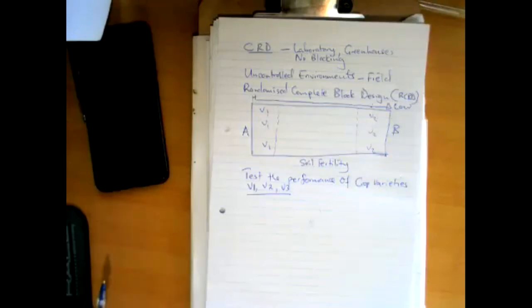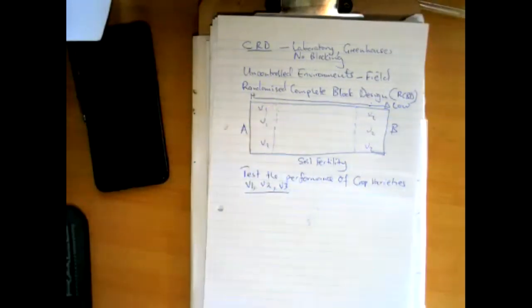As you can see, it is where fertility is very high. So the performance of variety 1 relative to variety 2 is not only a result of the fact that variety 1 is good, but it is also due to where variety 1 is grown. So there is a design problem there. The design is not perfect.